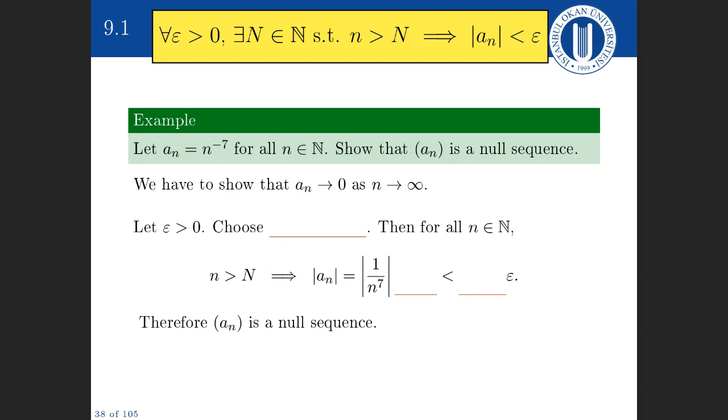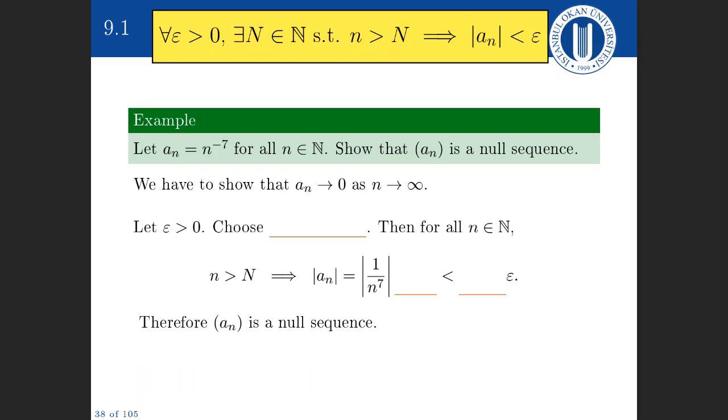The second sentence is going to be about capital N. And then in the third sentence, we're going to do the calculation. So let epsilon be greater than 0. Choose something. Then for all n in the natural numbers, n greater than capital N implies that the absolute value of an is smaller than epsilon.